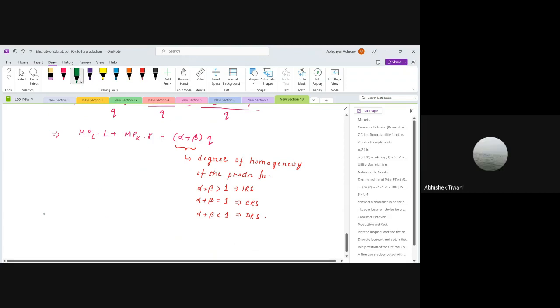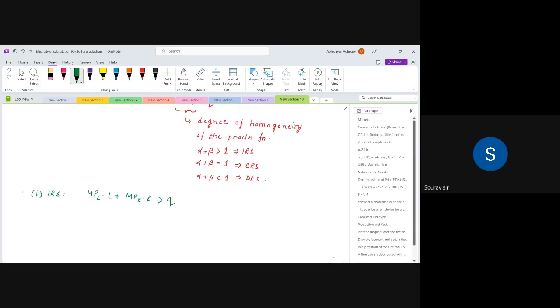So that means, let's say if I talk of case 1, increasing returns to scale. Increasing returns to scale means alpha plus beta is greater than 1. So can I say in the case of IRS, this is what will happen? In the case of CRS, this is what will happen.